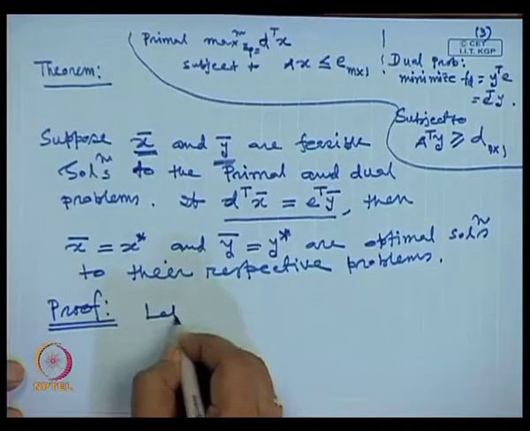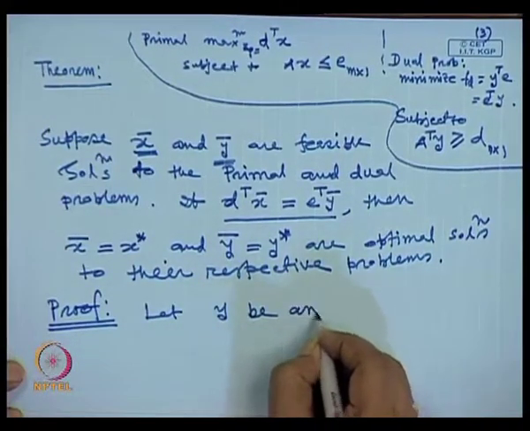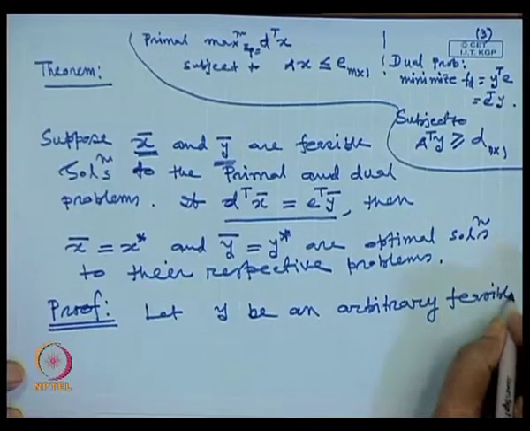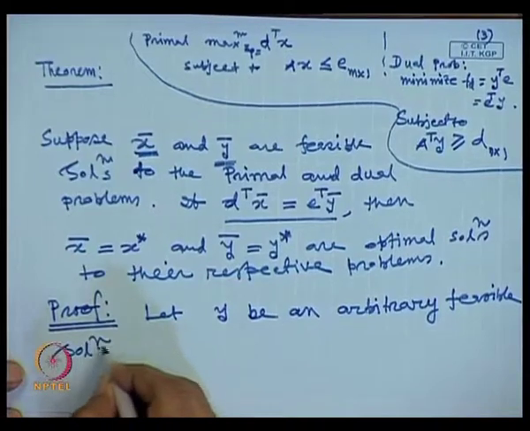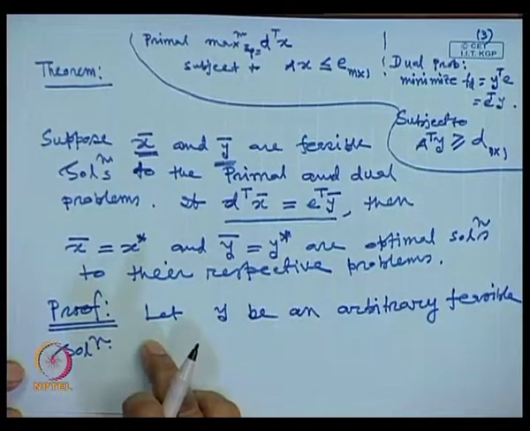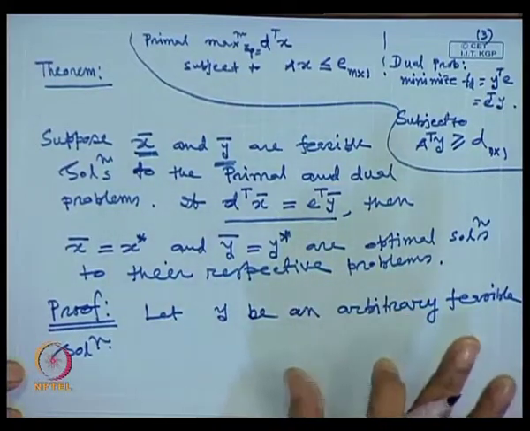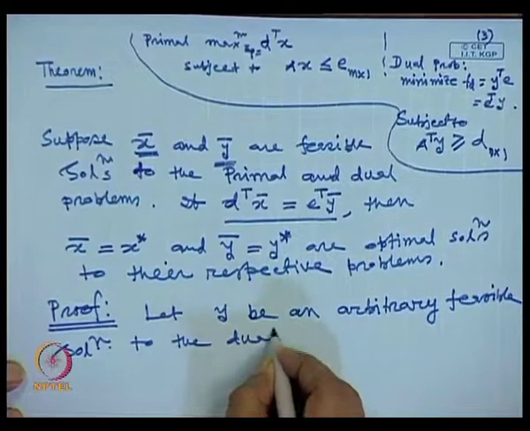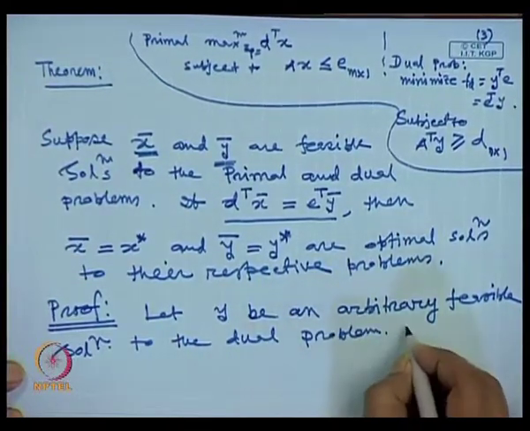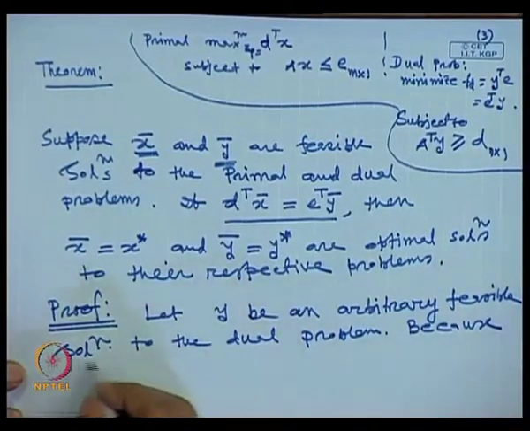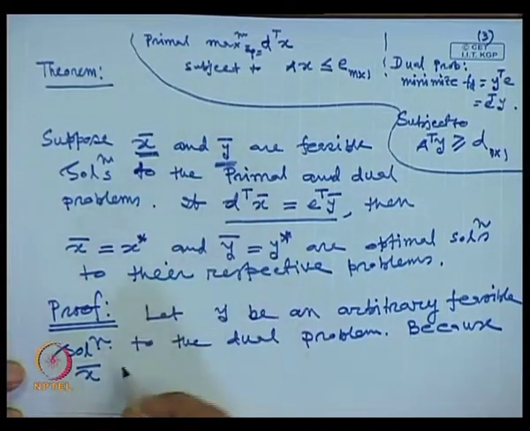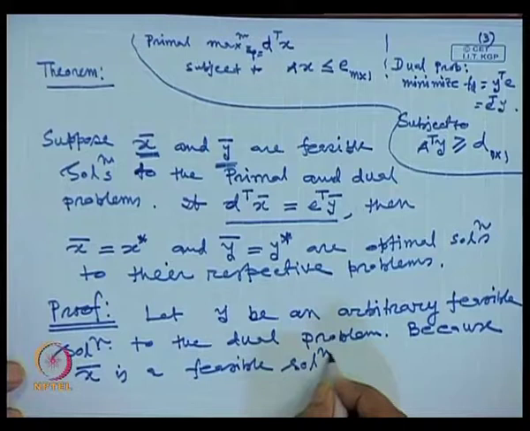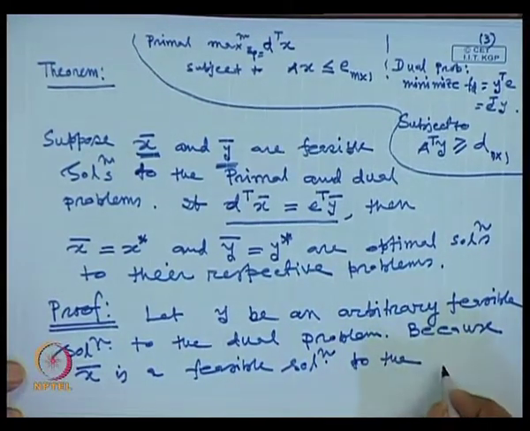So, let y be an arbitrary feasible solution of the dual problem. This is an arbitrary feasible solution, not optimal at this moment, to the dual problem, because x bar is a feasible solution to the primal problem.